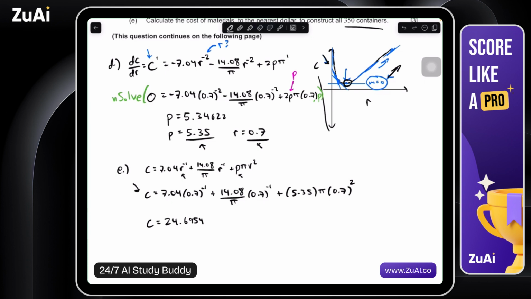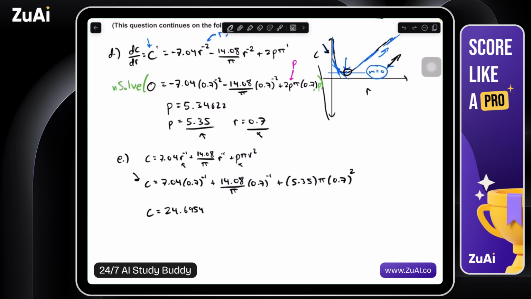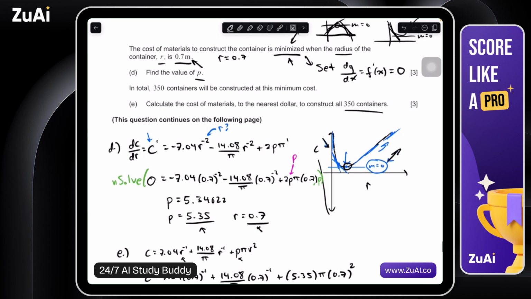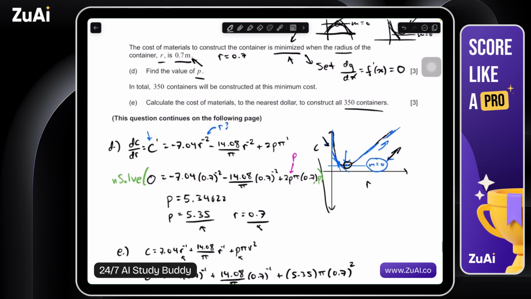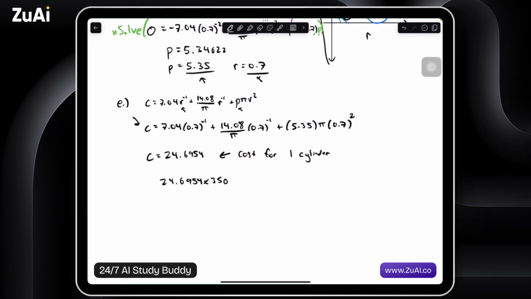So let's write it as 24.6954. Let's keep a fair bit of accuracy. That's the cost for one cylinder. But we don't want to know the cost just for one cylinder. We want to know the cost for 350 of these containers. So we want to take 24.6954 and multiply it by 350, and that will give us the total cost of the 350.